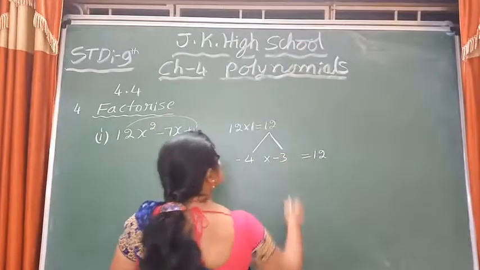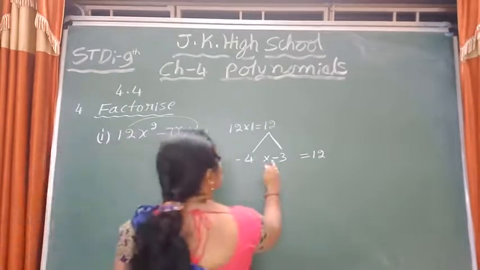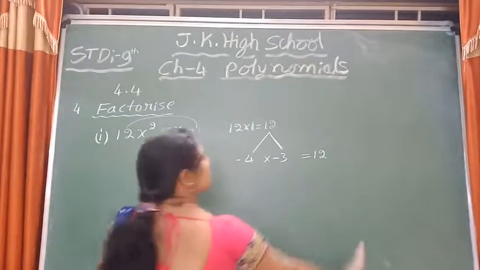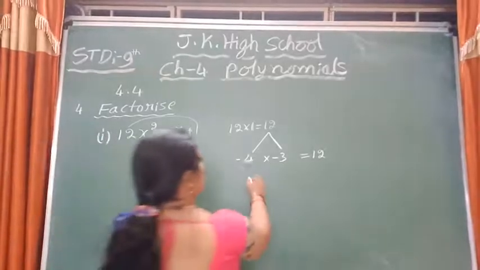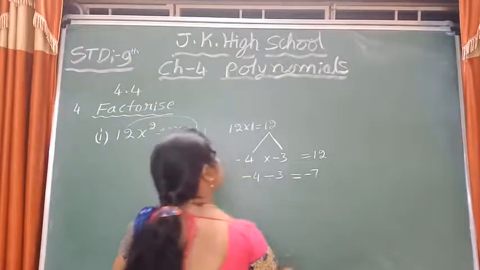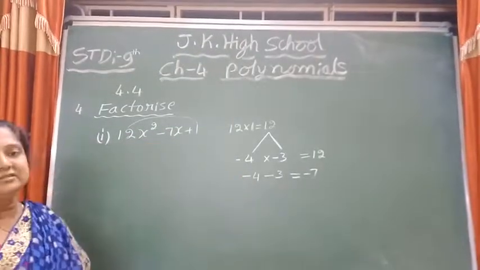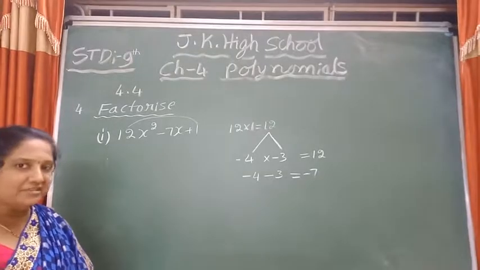So then these two numbers, if it has minus sign, minus into minus plus, 4 3s are 12. The same numbers if I add, then minus 4 minus 3, I am going to get the middle term, that is minus 7.